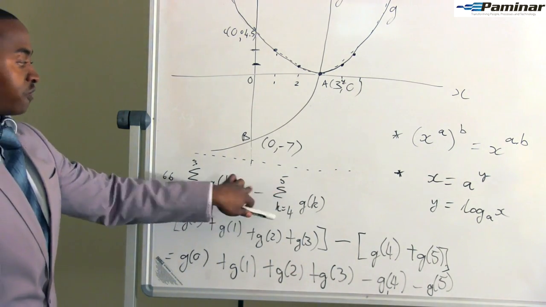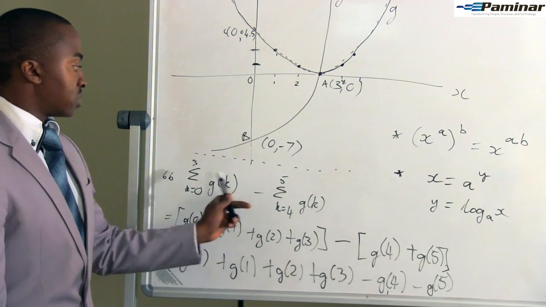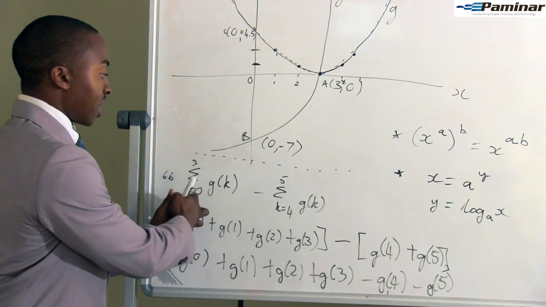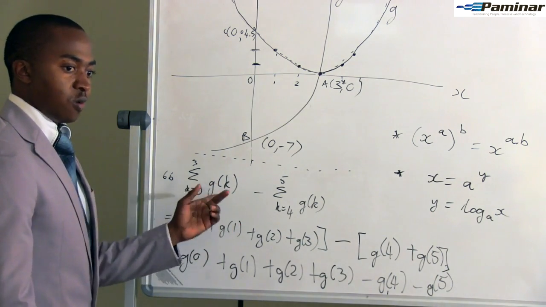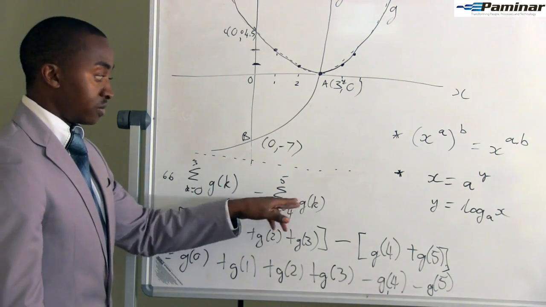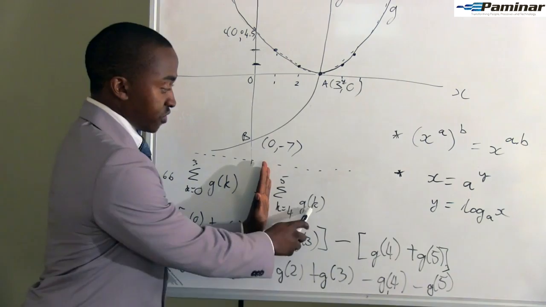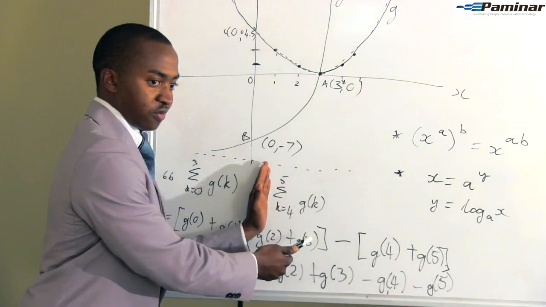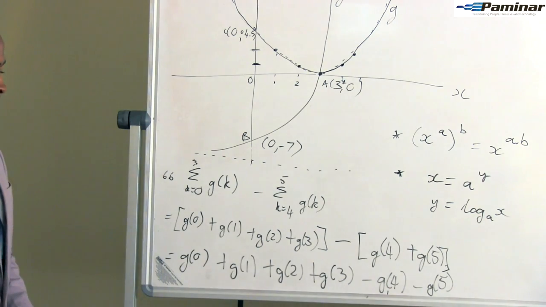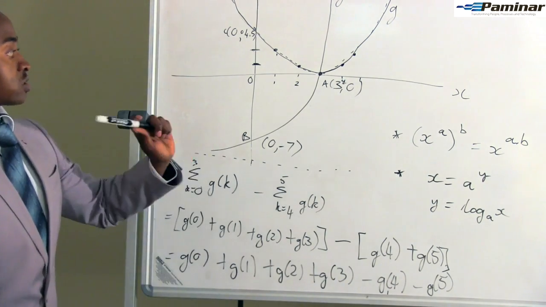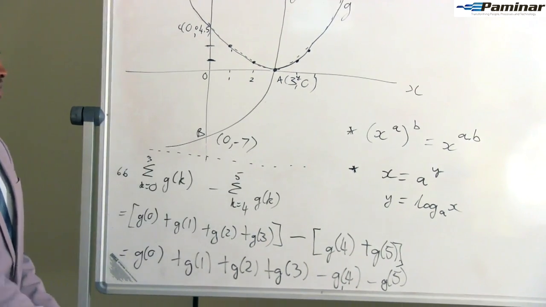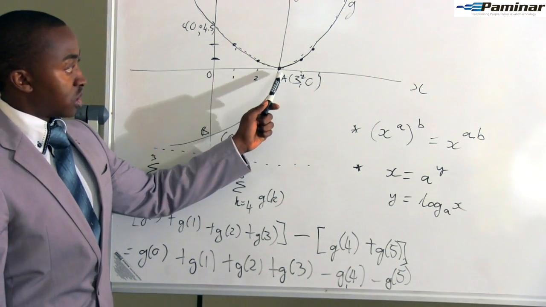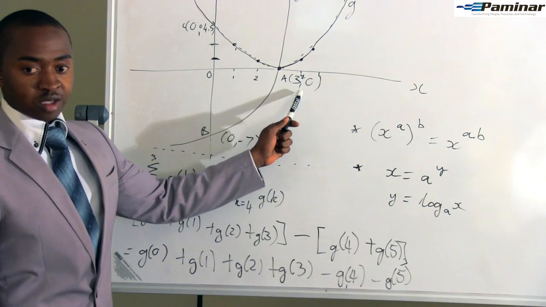I know students might get confused by the notation, but all this is saying is the summation of this function where k takes on values of 0, 1, 2, and 3. Then the summation of g of k where k is equal to 4 and k is equal to 5. So with that mentioned, let's go back to what I was mentioning. Because of symmetry, this point 2 is one step from 3, right?